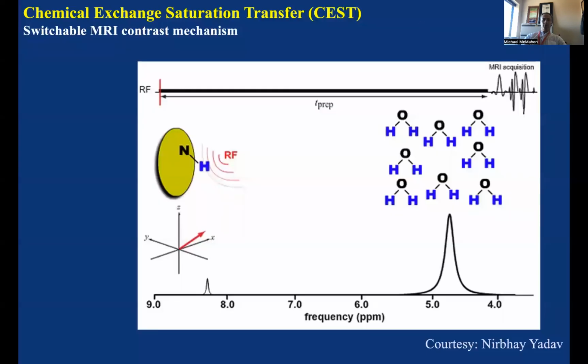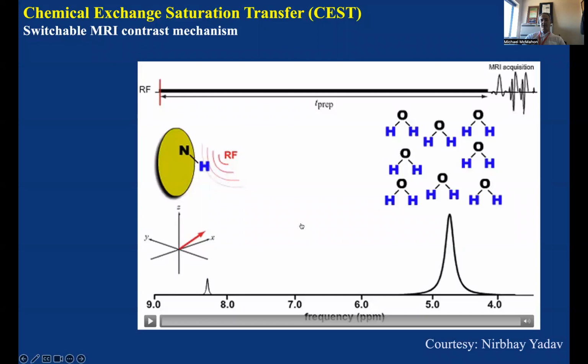So first, what is actually chemical exchange saturation transfer, or CEST? This is a switchable MRI contrast mechanism which requires a solute with labile protons, such as this NH proton here, and it also requires applying a preparation pulse or a series of pulses in front of your typical imaging sequence.